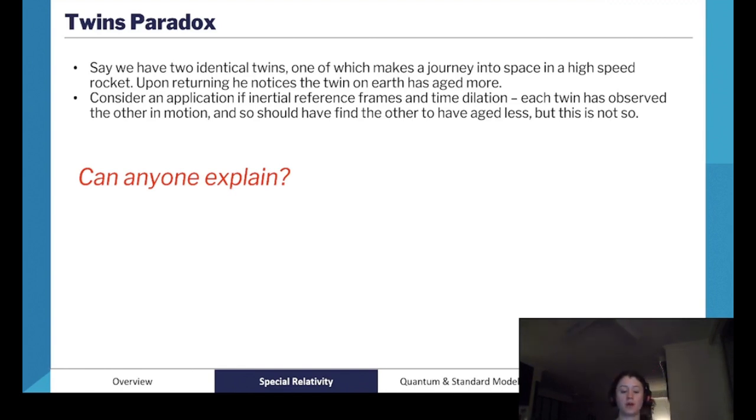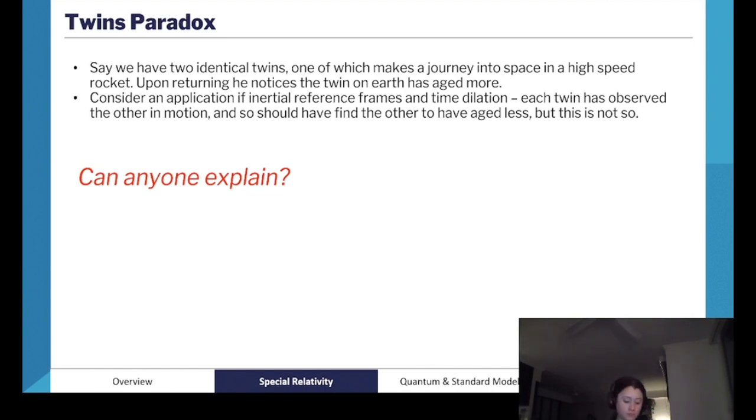Both of them have been in motion. In both of their perspectives, the other moved away from them and then moved back towards them at a fast speed. Remember, moving clocks tick slower. So both should have observed the other to have aged less. But what we see is that the twin who went on the spaceship aged less, and the twin on Earth aged more.